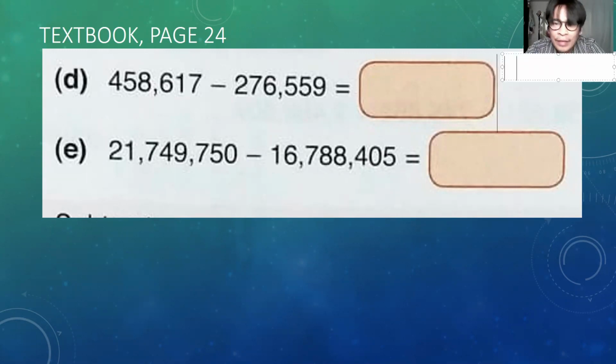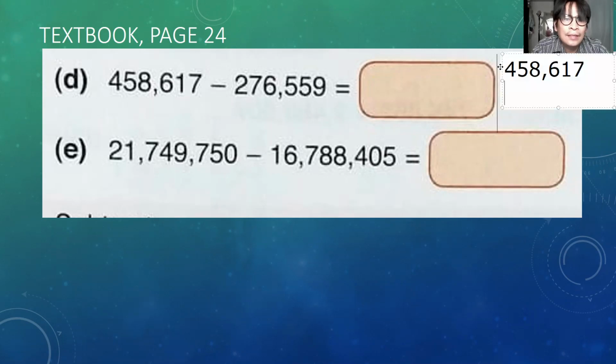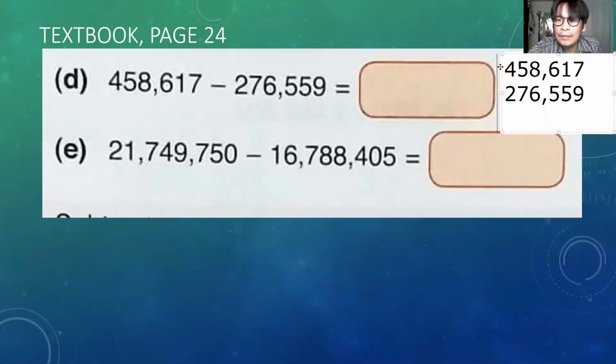458,617 minus 276,559. The difference is: 17 minus 9 equals 8, and then it becomes 10. 10 minus 5 is 5.